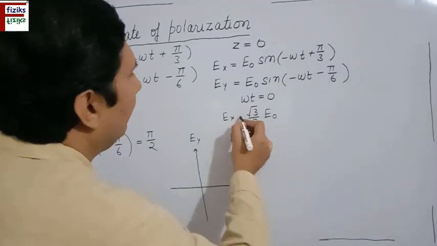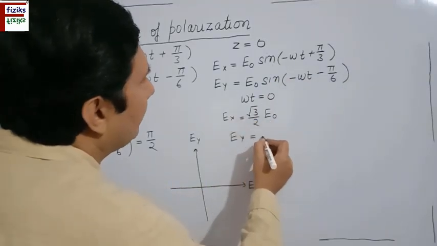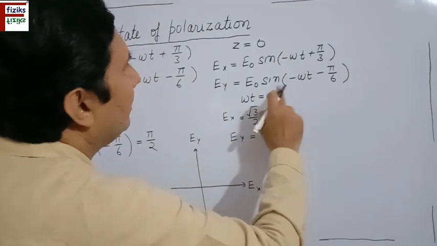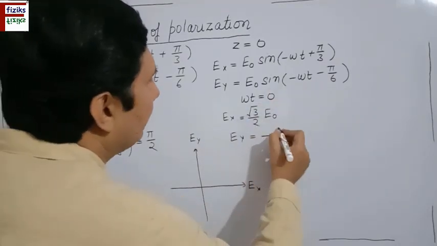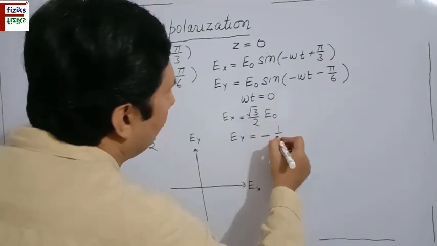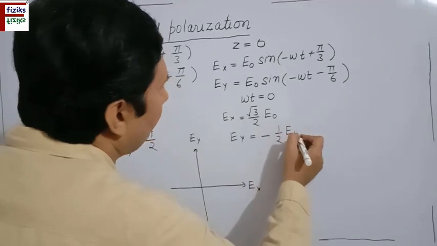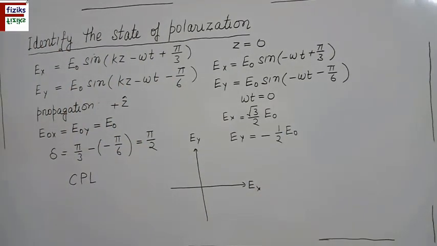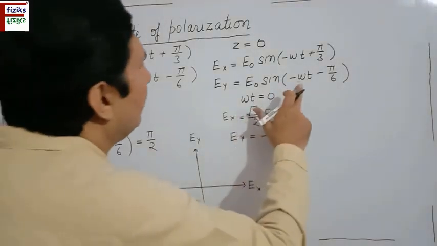The minus sign comes out, and this is sine 30, which is 1 by 2, so it will be minus 1 by 2 E naught. So these are the values of Ex and Ey at omega t equal to 0.